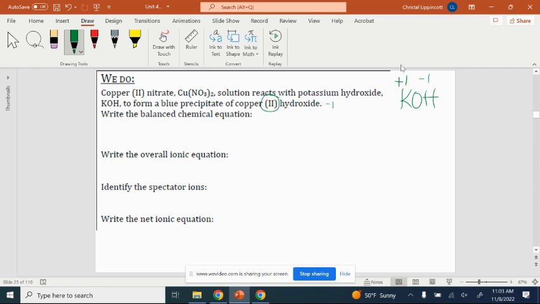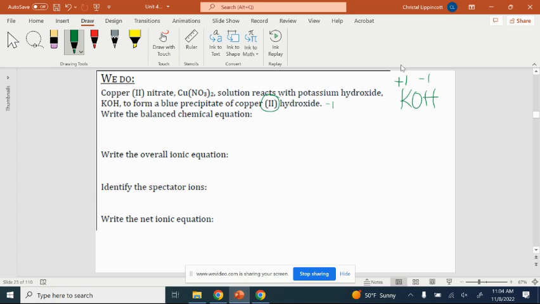So Cu 2+, parentheses OH, plus NO3 -1, parentheses 3. Oh wait, we gotta balance this first.